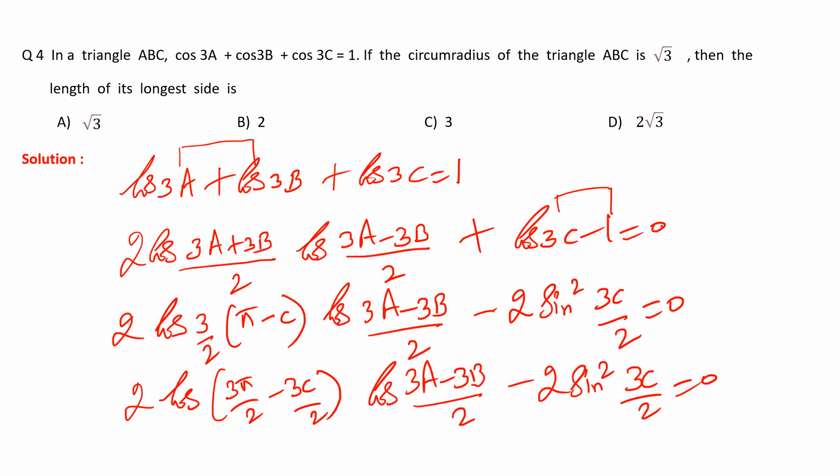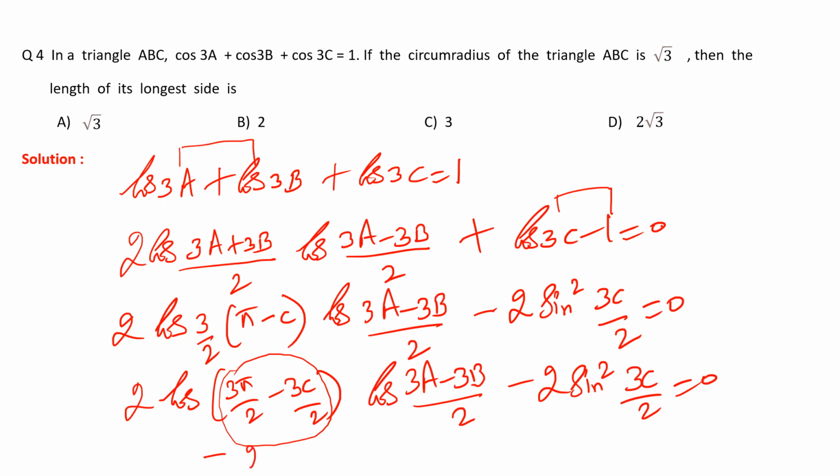Now students, cos (3 pi by 2 minus 3C by 2). So this is which quadrant? 3 pi by 2 minus theta. This means it is the third quadrant. So cos (270 degrees minus theta) is nothing but minus sine theta, right?